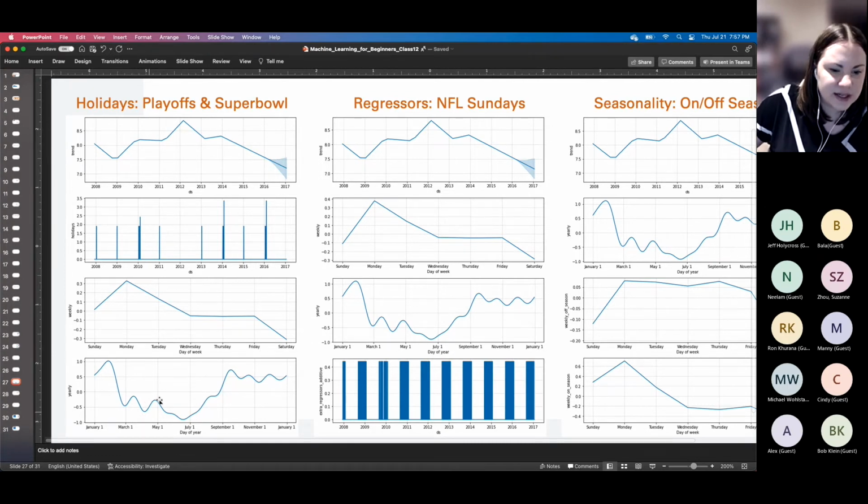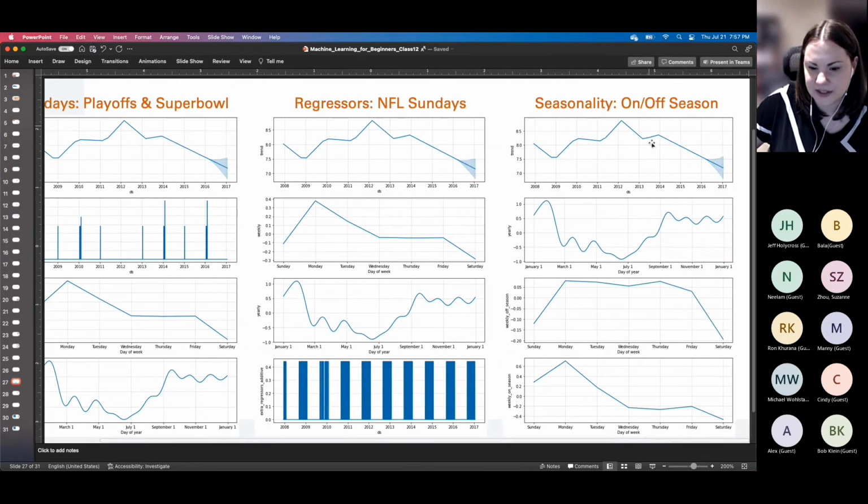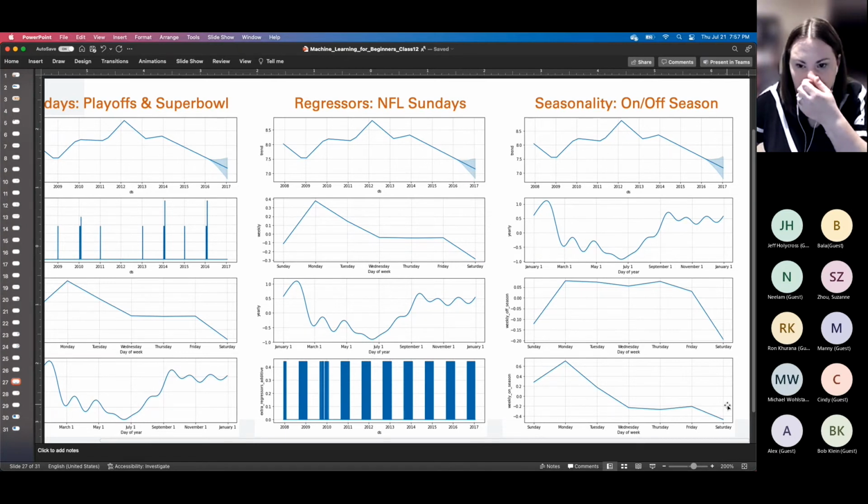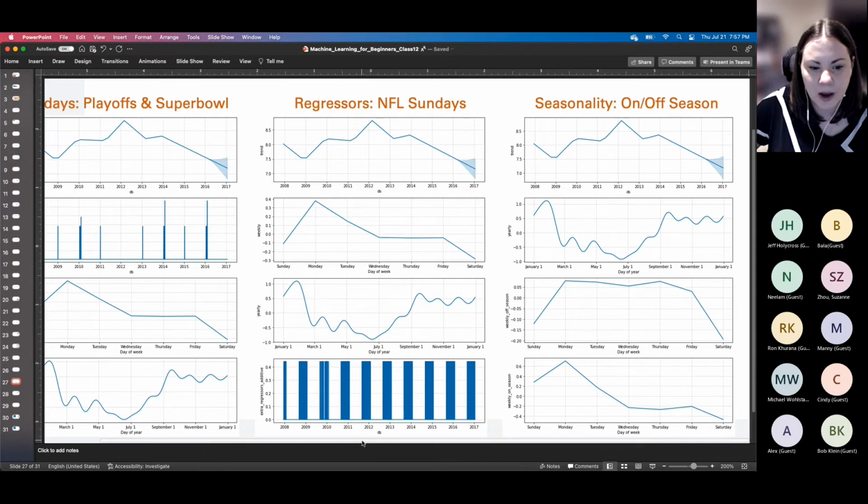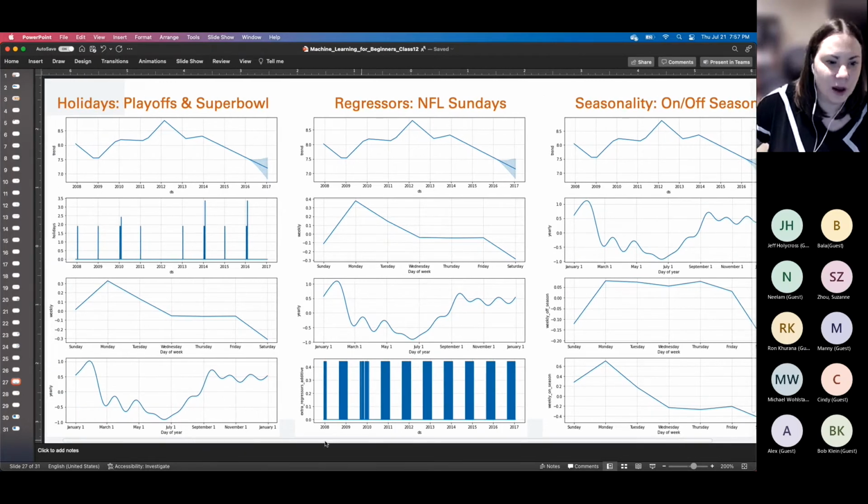And then we see a yearly seasonality too. And this is an example of what adding a regressor would look like, NFL Sundays in this particular case. And then you can also do on or off season. So these are basically visuals of what I was talking about for those different options.